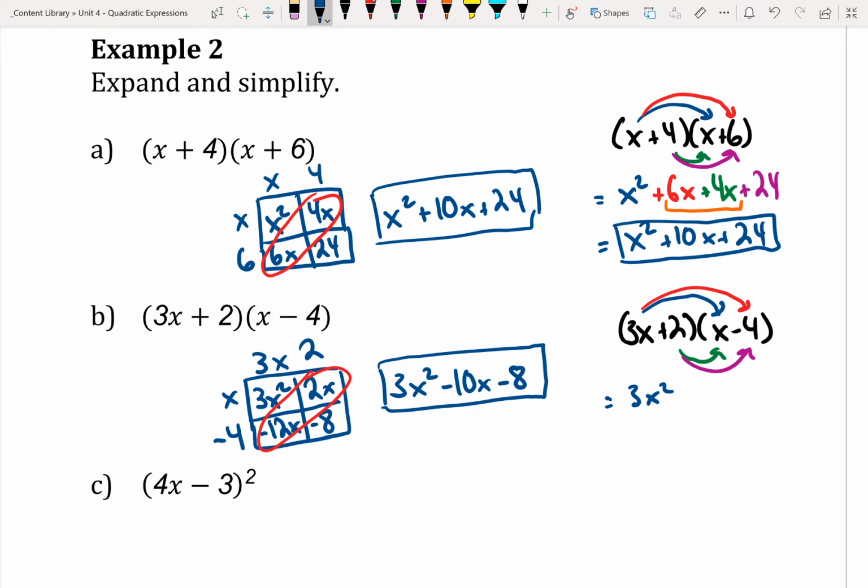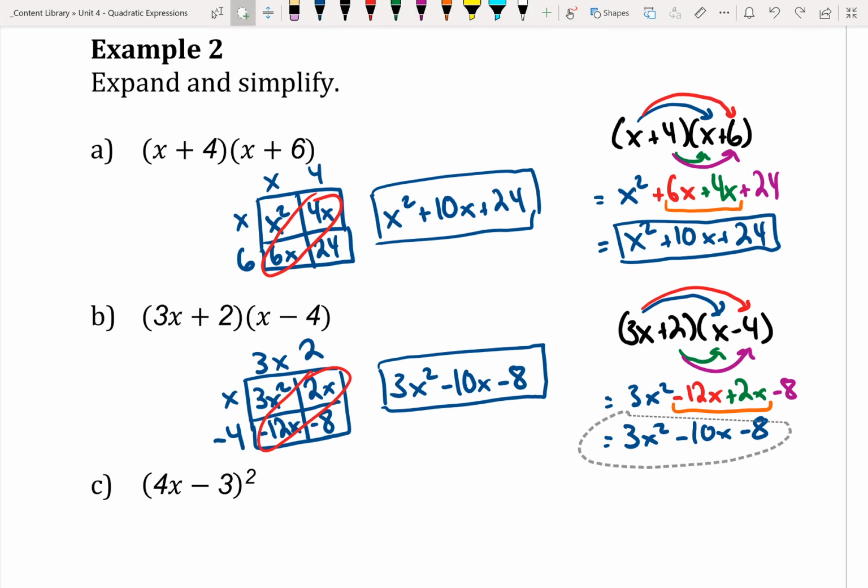We get 3x squared minus 12x plus 2x minus 8. Similar to the last one, there are two things that I can combine, my 12x and 2x terms. So I'm left with 3x squared minus 10x minus 8. Let me just move this down a little bit.